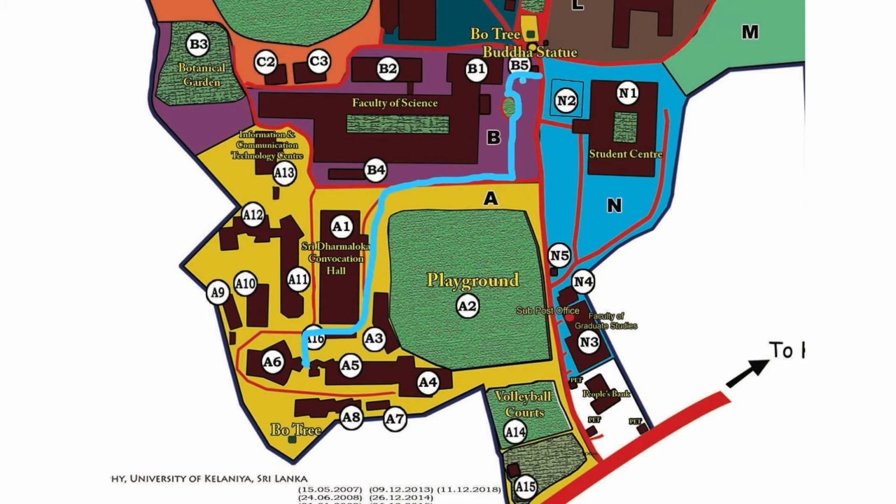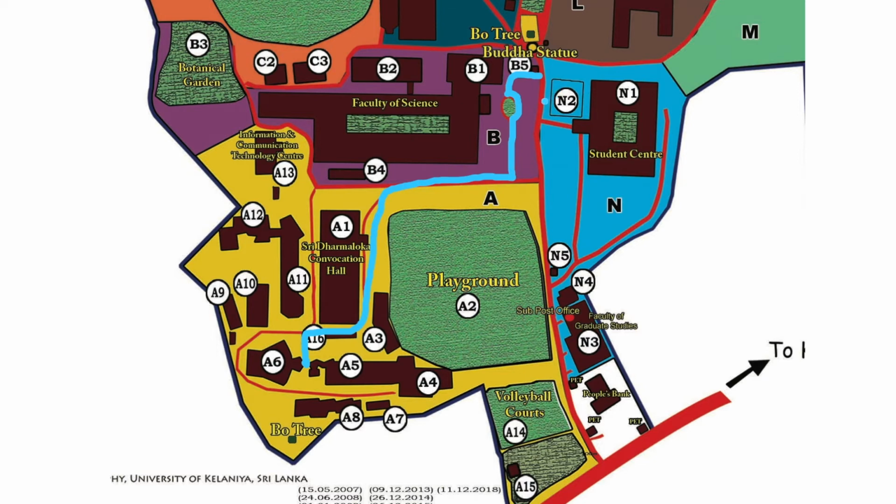So, now what we need to do is guide our guest from the main entrance to the Department of Statistics using this path. When you are giving the directions to our guest, we have to make the assumption that our guest is not familiar with this environment.